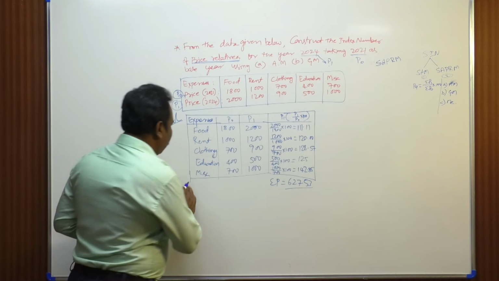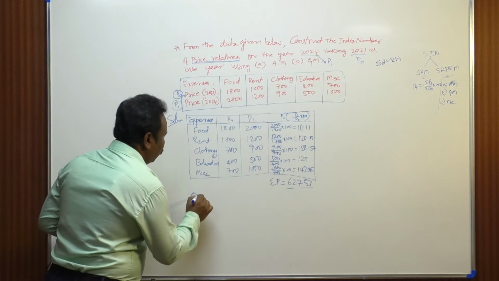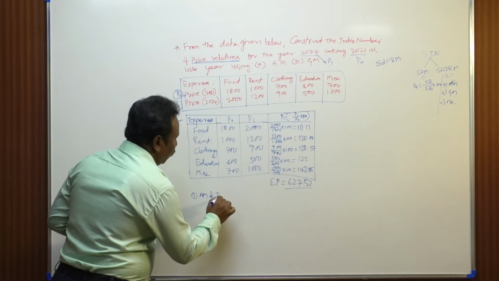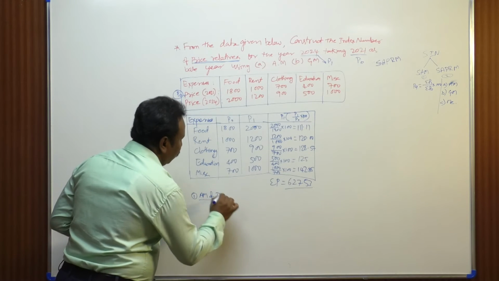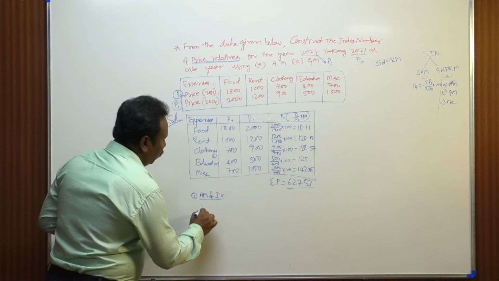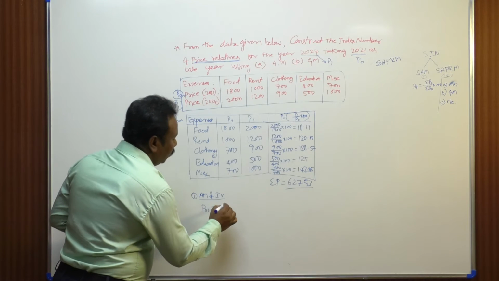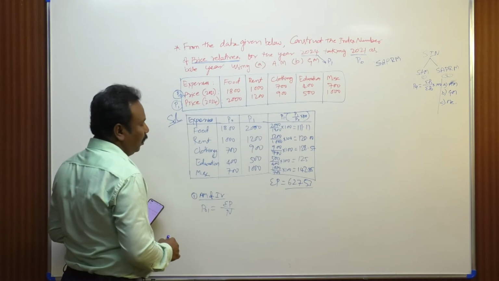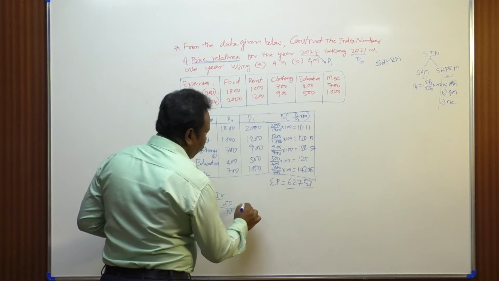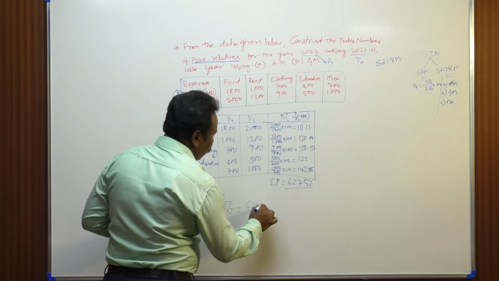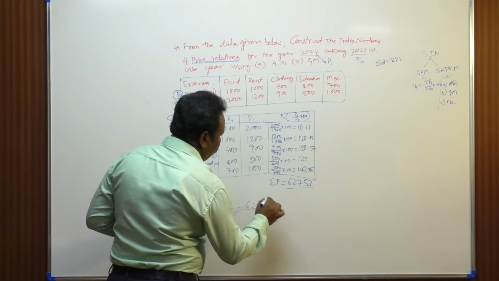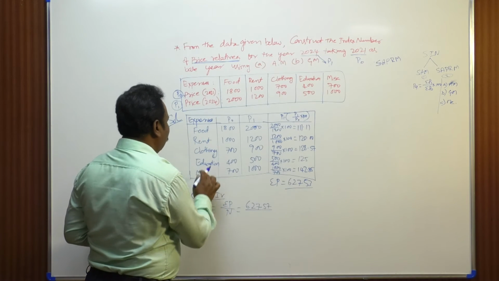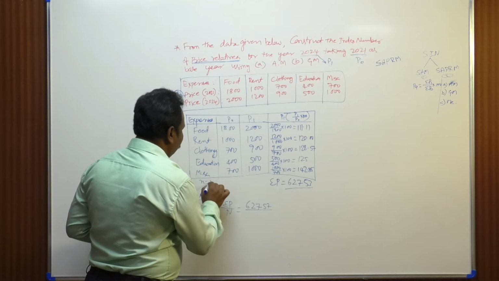So, under number 1, arithmetic mean of index value: P01 equals sigma p divided by n. Sigma p is 627.57, and n equals 5.